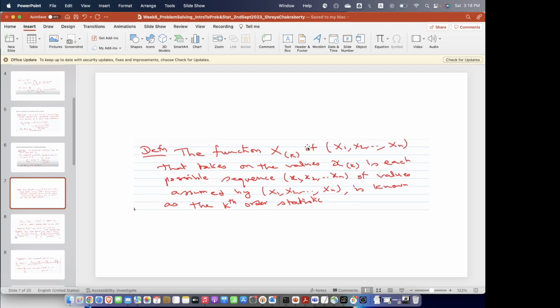And then we defined what we mean by order statistics. So X order k of a set of random variables is the kth order statistic.